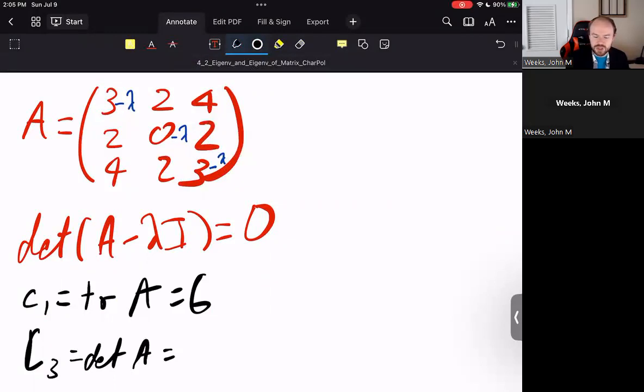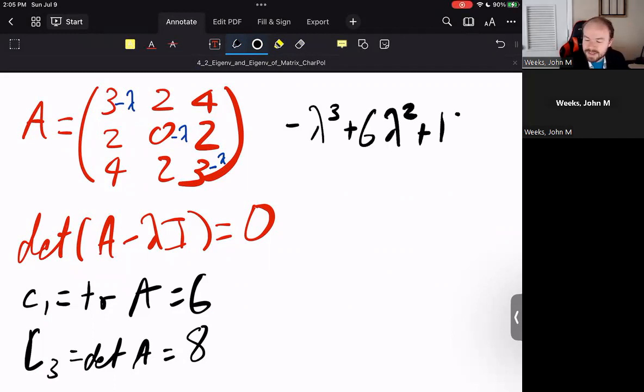And once I do that, I should get a determinant of 8 from my notes here. So if I now figure out the other one that came from the specific submatrices that we had before, then the general formula I have for this characteristic equation is negative lambda cubed plus 6 lambda squared plus 15 lambda plus 8 equals 0.